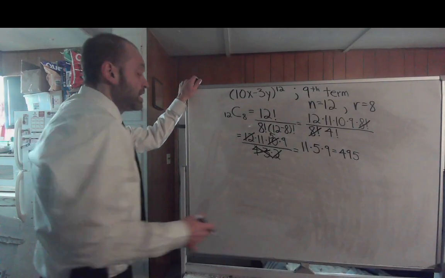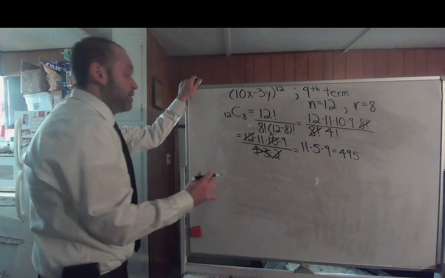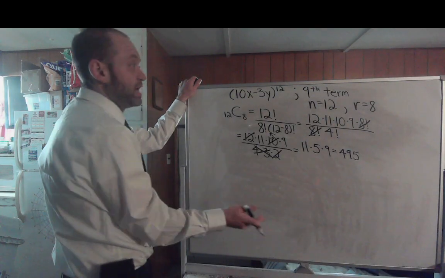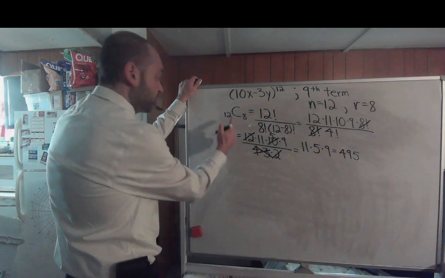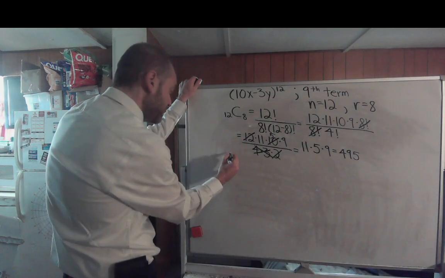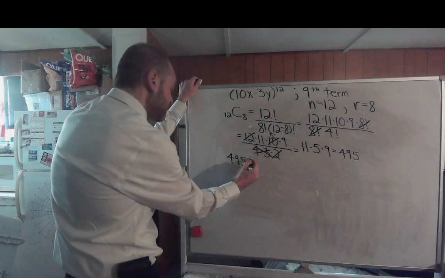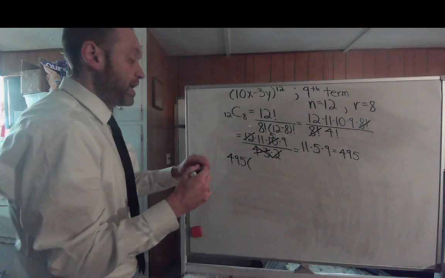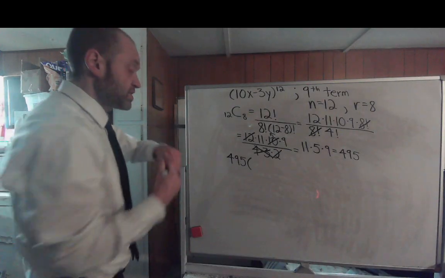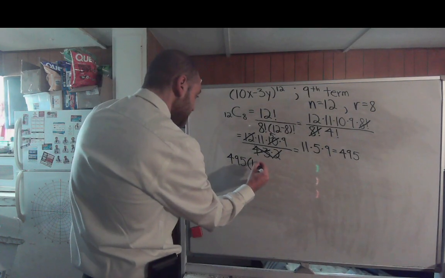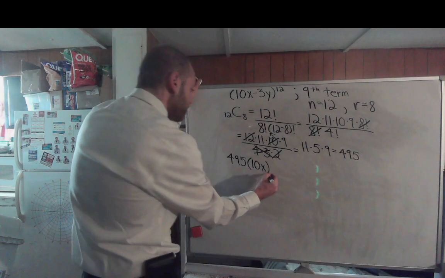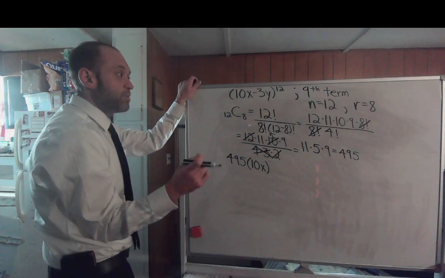Well, let's go ahead now and find the whole term. So we'll take that nCr piece, which would be that 495, times my first term. So you have to take the whole 10x term, that whole 10x, and raise it to the n minus r power.